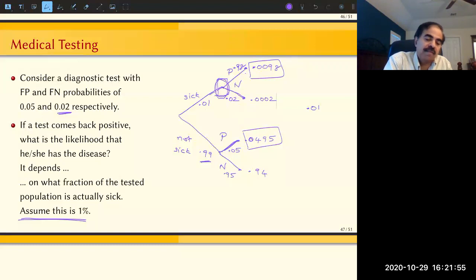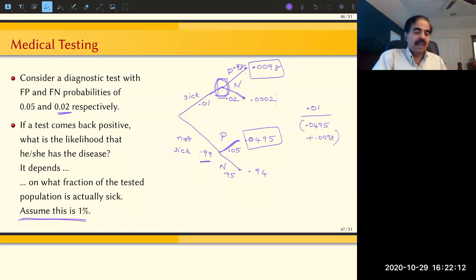So you get a formula such as 0.0098 divided by 0.0495 plus 0.0098, right? Because remember, what is the conditional probability?